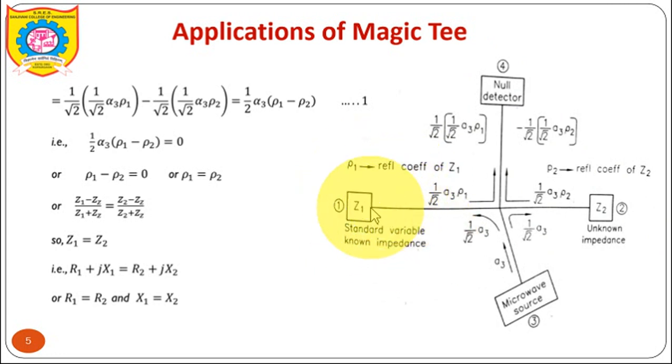Now, using the properties of the magic T, the power from the microwave source A3 gets divided equally between port number 1 and port number 2, which have the standard variable impedance and the unknown impedance.